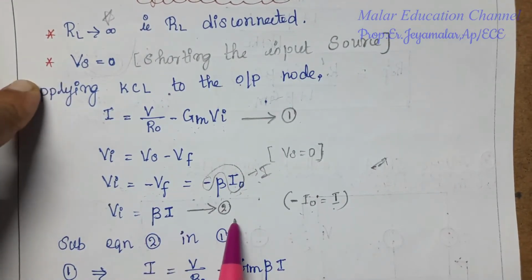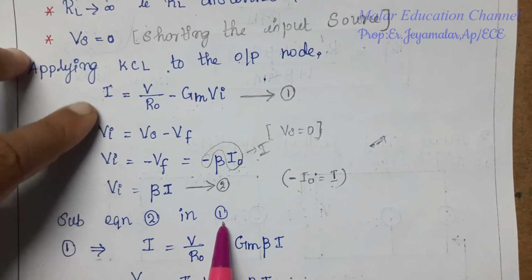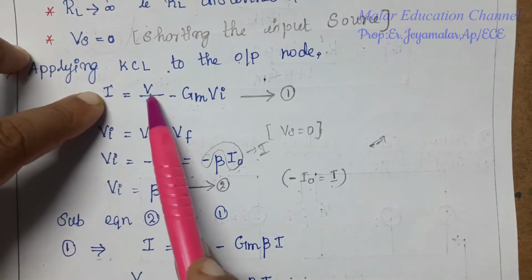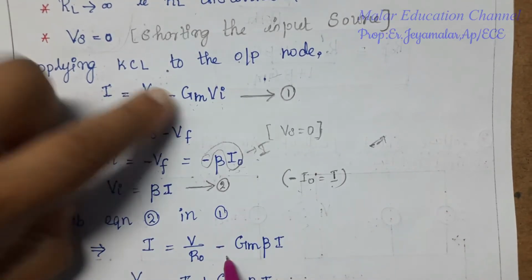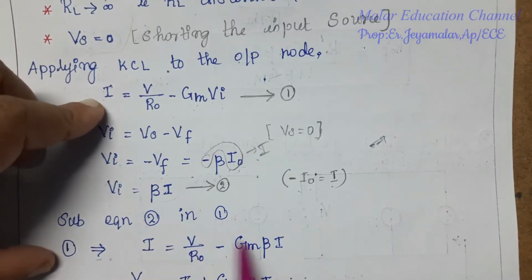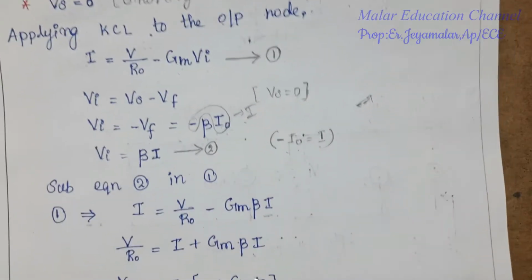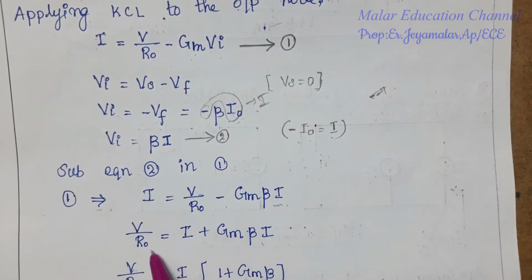Take this as equation number 2. Next step, substitute equation number 2 in 1. So 1 can be replaced by I equal to V by R naught minus Gm into Vi. That is Vi equal to beta into I. Substitute here, Vi equal to beta into I. Next step, V by R naught.